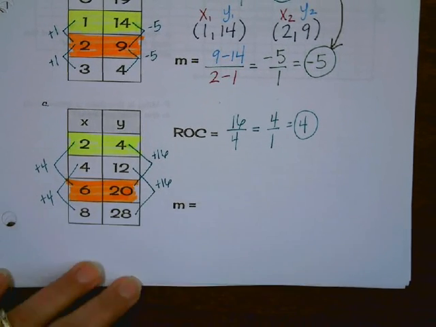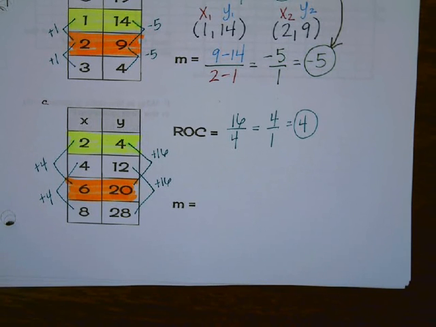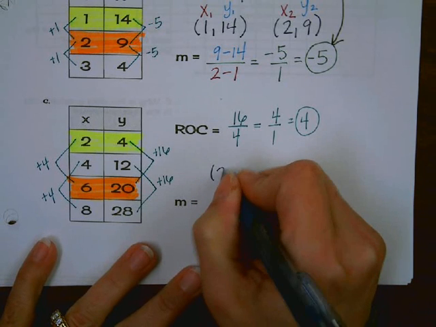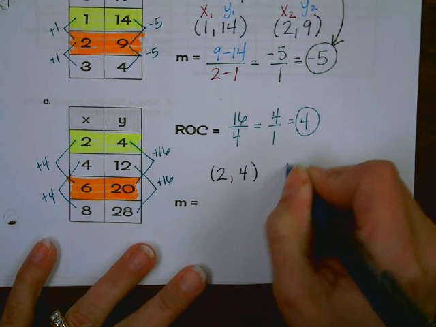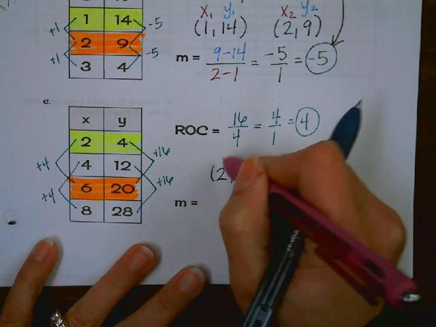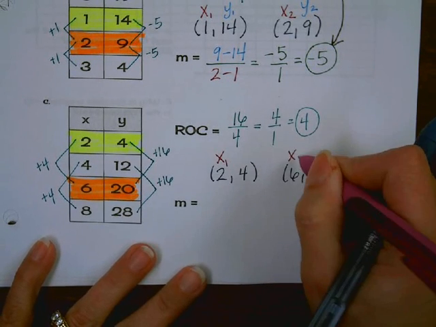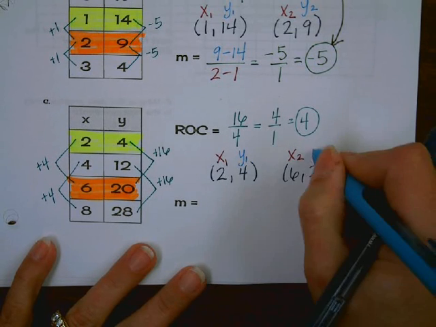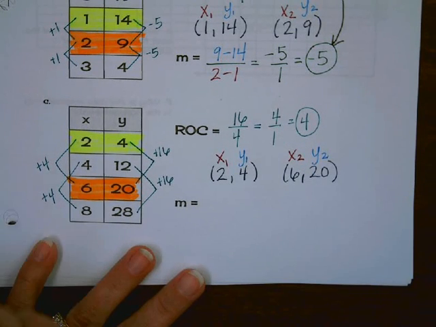And if you use different points, that's okay. Just follow along and make sure you use the same steps that I use. So these points that I happened to choose were 2 and 4, and then 6 and 20. So label them x1, x2, y1, y2.